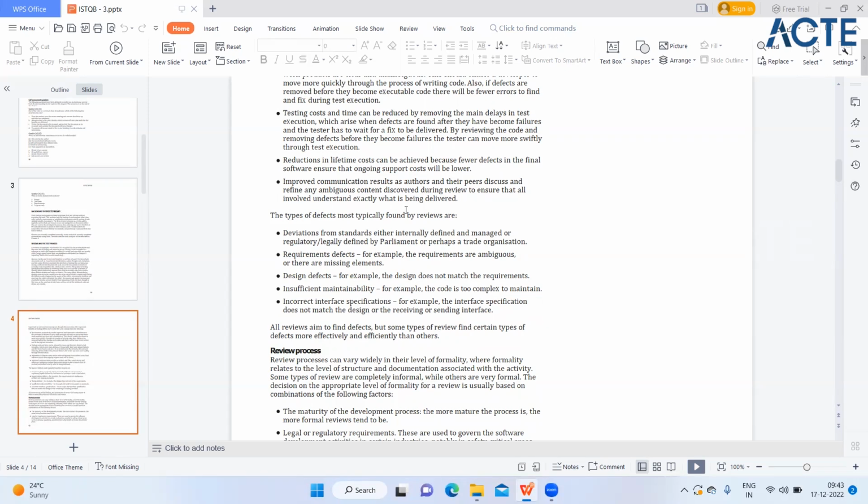When you have that meeting, multiple persons are involved in reviewing those documents. Later in this chapter we'll see how many persons there are, what the role of each person is, and what techniques we use in the review process. So this is the kind of static testing.